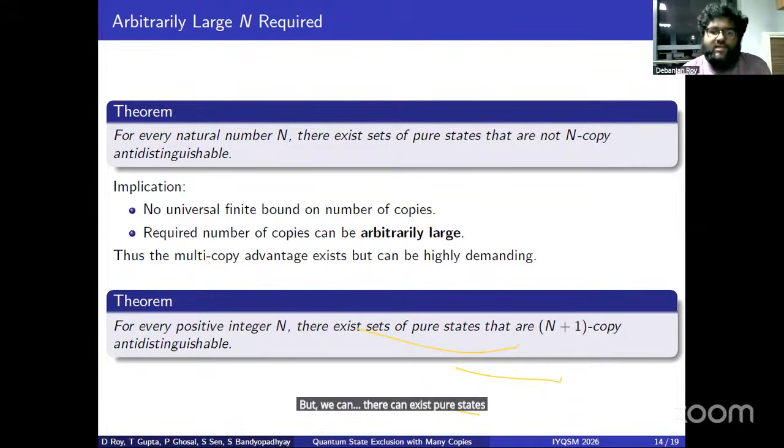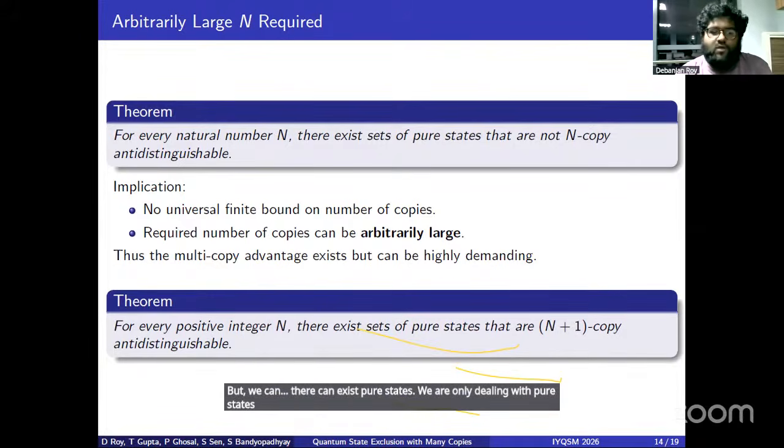We are only dealing with pure states. The previous theorem was that there exists a set of pure states for every positive integer n that are not n-copy anti-distinguishable. So the number of copies can become arbitrarily large.